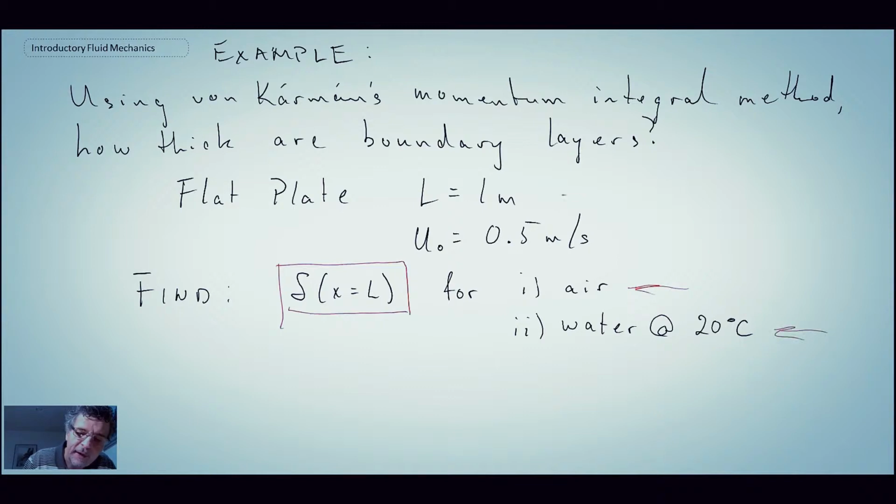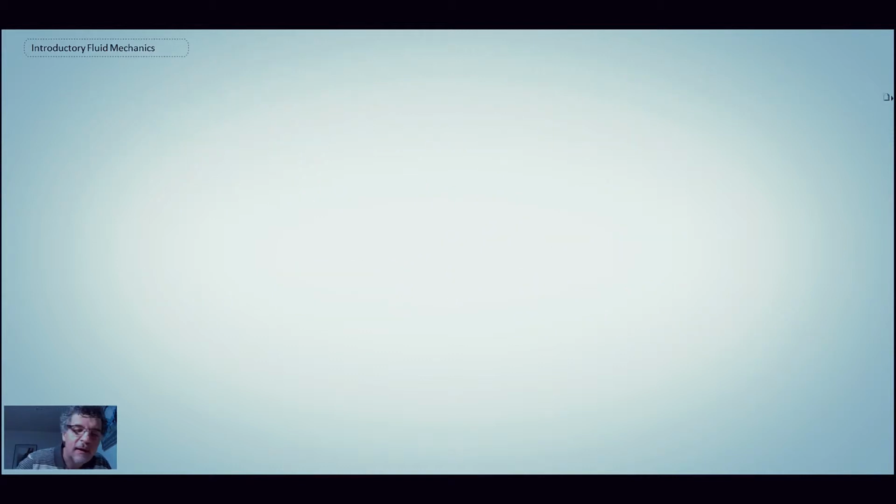We're told that the plate is 1 meter in length and that the free stream velocity on the outside of the boundary layer is 0.5 meters per second. We'll use von Karman's thickness and calculate the boundary layer thickness.